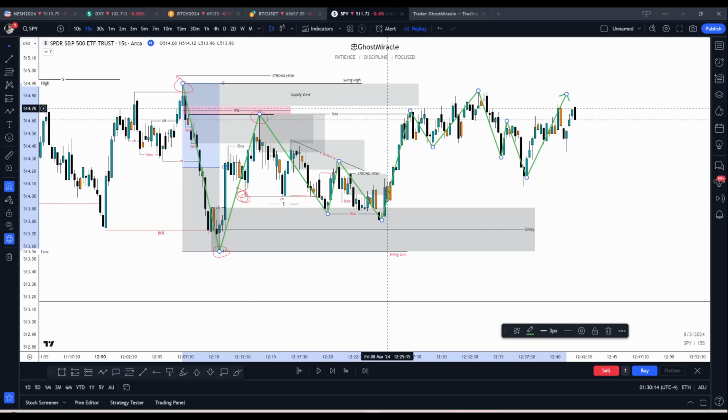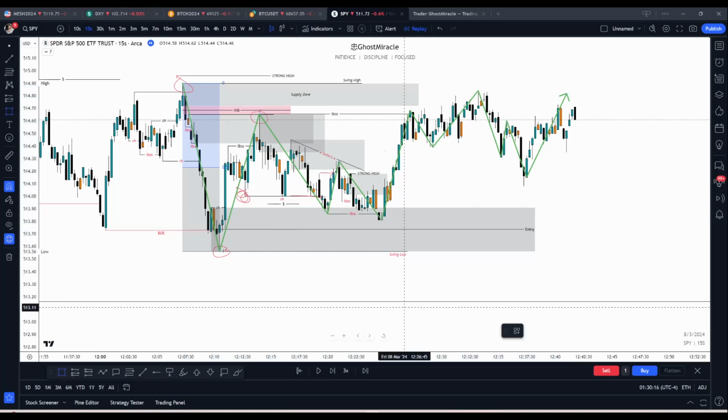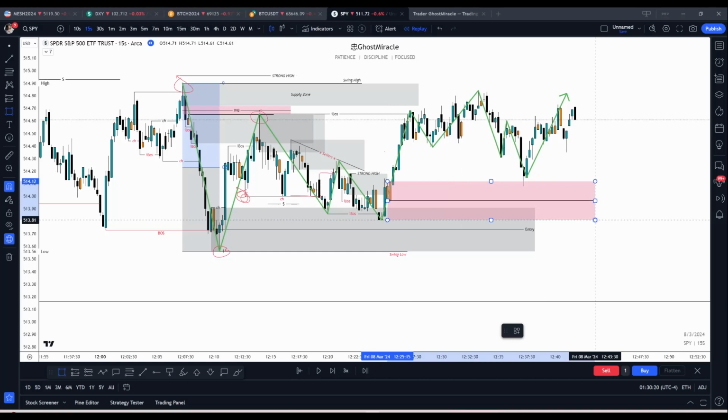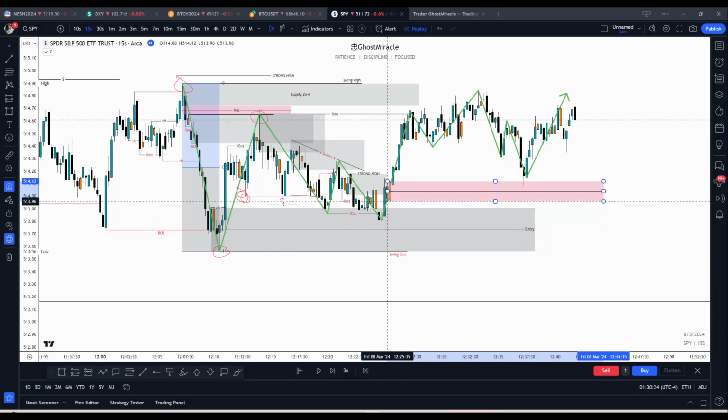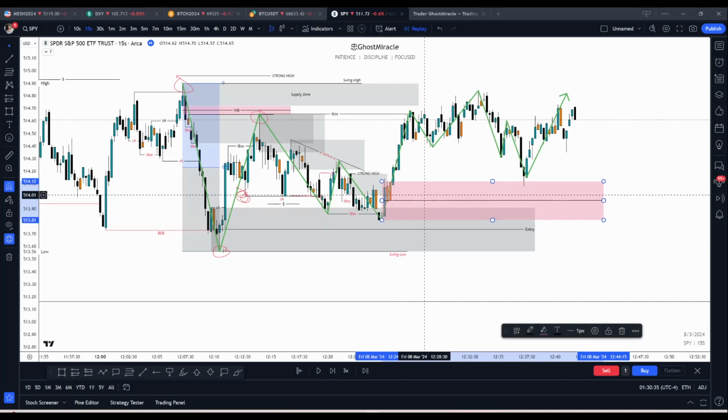So this is now your overall internal low, which would be an internal break of structure. And then you would look for another entry in this area, right? Oh, that's too big. Technically here, because you have high, low, high, this is a protected low.